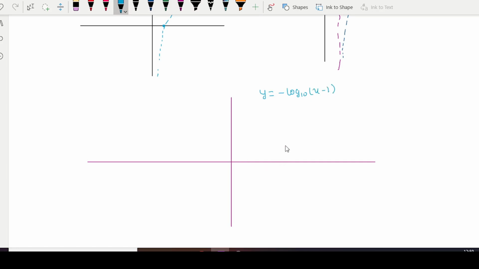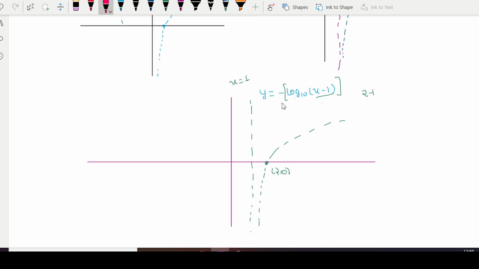First I am drawing log base 10 of x minus 1, so it will look like this, where x is equal to 1 is its asymptote. Here it is 2 comma 0, because if we substitute 2 minus 1 in this equation, the value will be equal to 0.